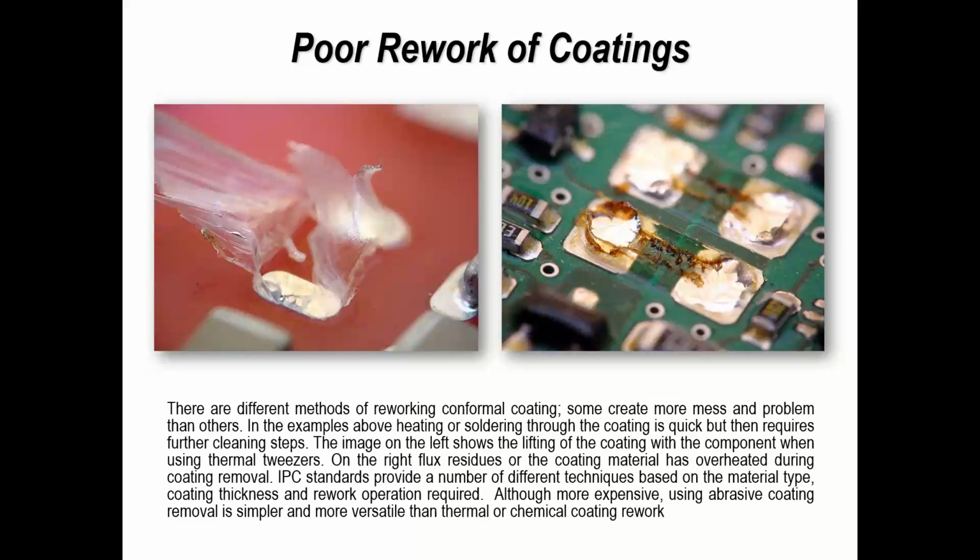So what I prefer to do when I'm doing rework and repair of printed circuit boards with conformal coating, and this is most conformal coating materials, probably with the exception of silicone coatings, is I like to use an abrasive technique. And basically it's shot blasting. If you imagine shot blasting the side of your house to clean it up, that's effectively what we're doing, but there are 2 or 3 suppliers of equipment on the marketplace specifically for that application.